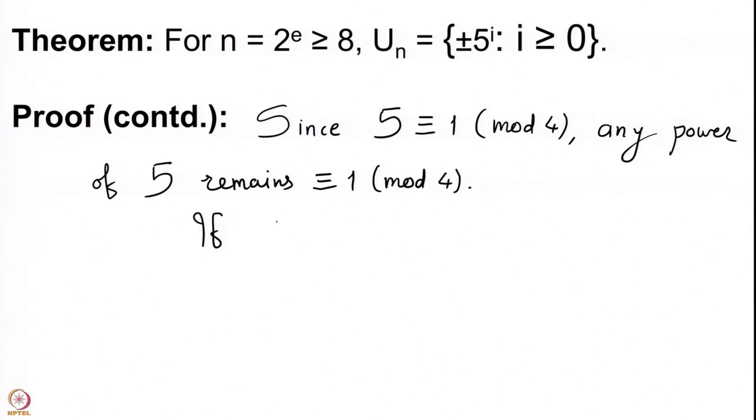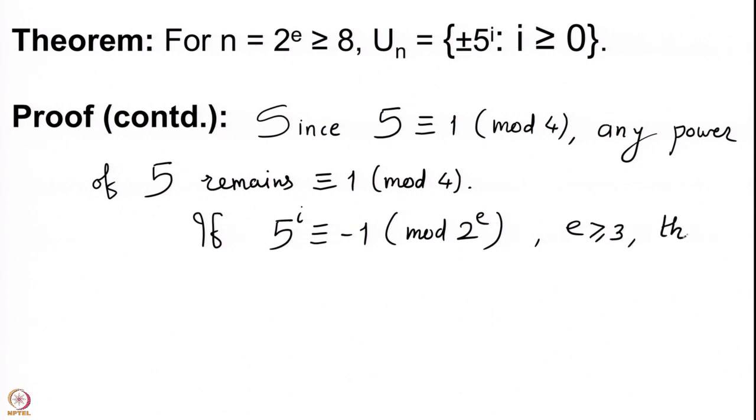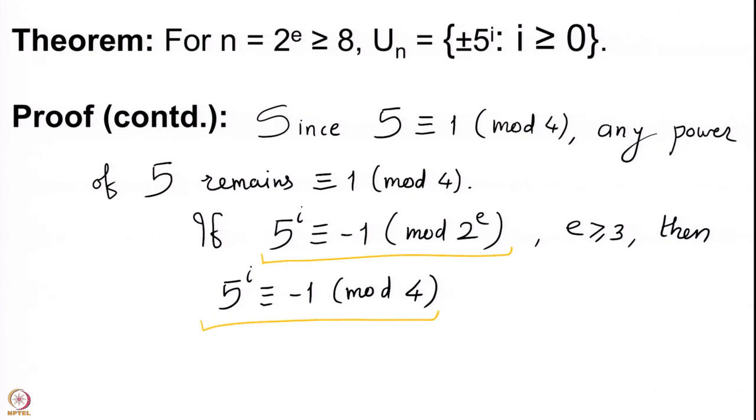If we have 5 power I to be congruent to minus 1 mod 2 power e, where we remember that we are taking e to be bigger than or equal to 3, then 5 power I will give you minus 1 mod 4 as well, because this will tell you that 2 power e divides the difference of these two, and 2 power e being a multiple of 4, it will tell you that this should also happen, but this gives you a contradiction.